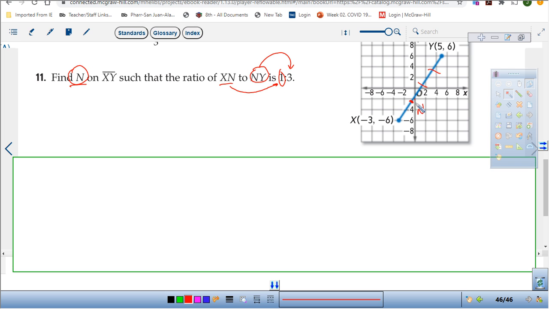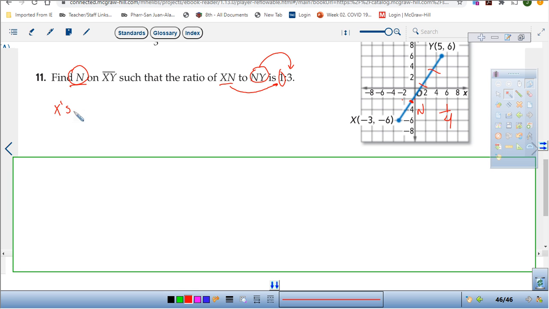It's actually 1 to 3. So to me, the whole distance looks pretty good. If you think about this real quick, there's 1 section, 2 sections, 3 sections, 4 sections. How many is it? 4. How far is N? N is 1/4 of the distance. So that's about it.